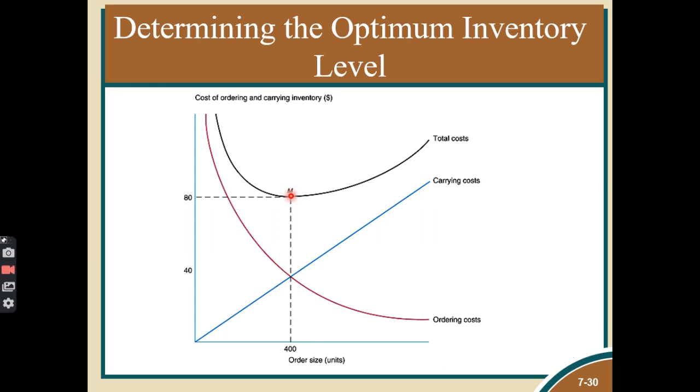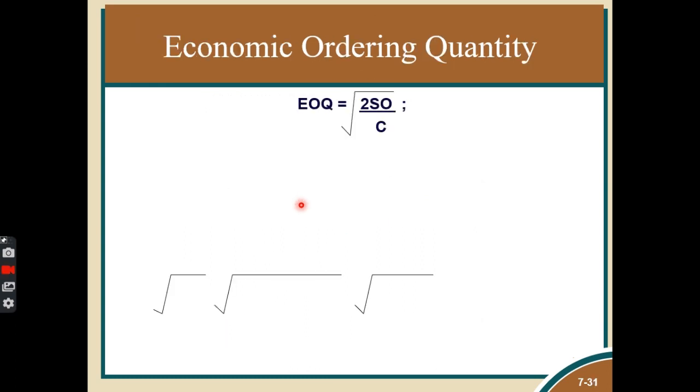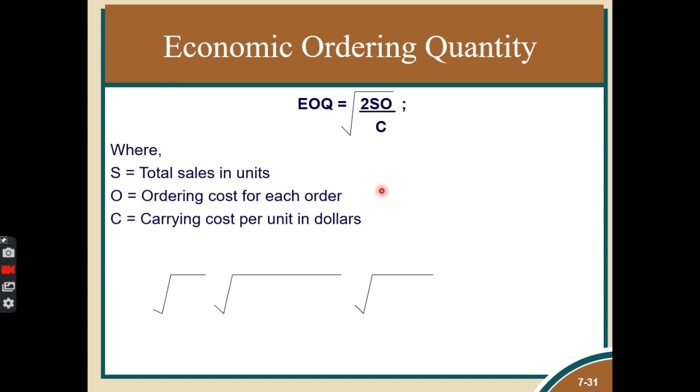We can use the graph to determine the optimum level, and based on the graph, the optimum level is 400 units. If you order 400 units at a certain order period, you will have the least amount of cost associated with the inventory. This is where the EOQ, or economic order quantity, comes in.